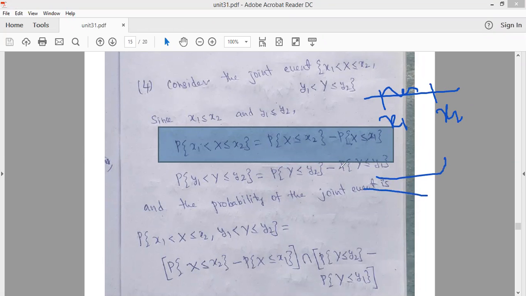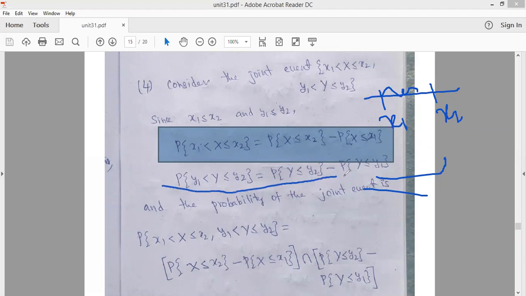So it is probability of x less than or equal to x2 minus probability of x less than or equal to x1. Similarly, probability of y1 less than y less than or equal to y2 is equal to probability of y less than or equal to y2 minus probability of y less than or equal to y1.